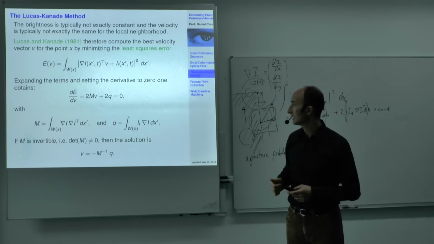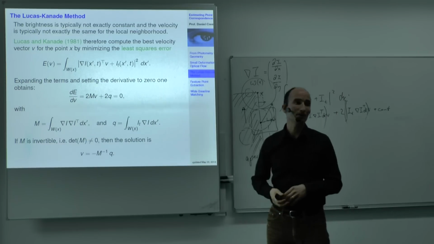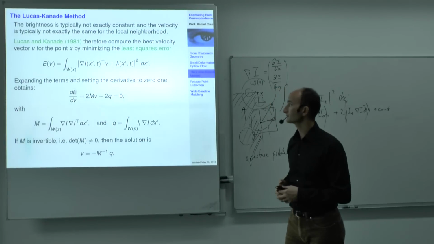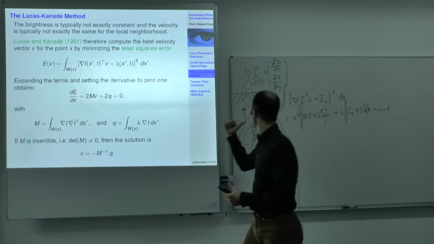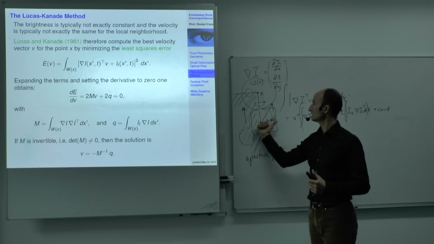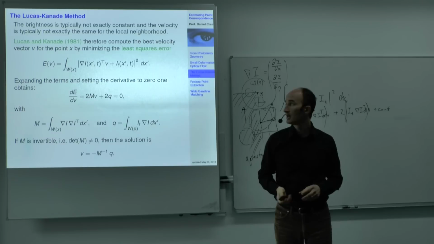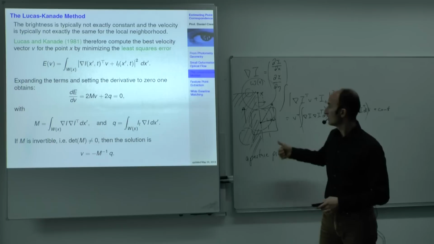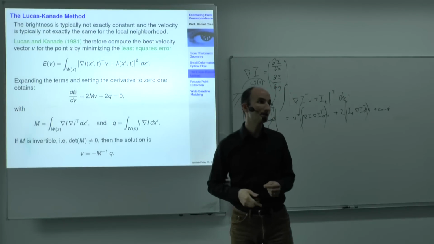So there is one direction, the direction along the edge, that's going to be mapped to zero by this matrix. Right, because if you apply this matrix to a vector that is orthogonal to that gradient vector, and the gradient points in the same direction for all points in this window, then any vector pointing in that direction will be mapped to zero by M. And so it will not affect the equation, meaning velocity components in that direction can be anything. We don't see them. We cannot estimate them.